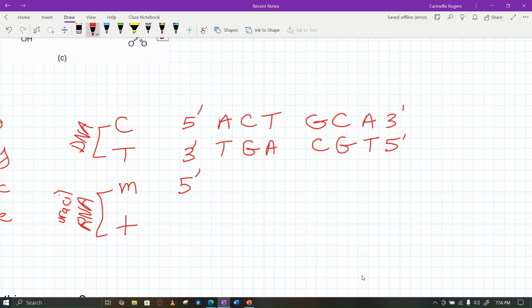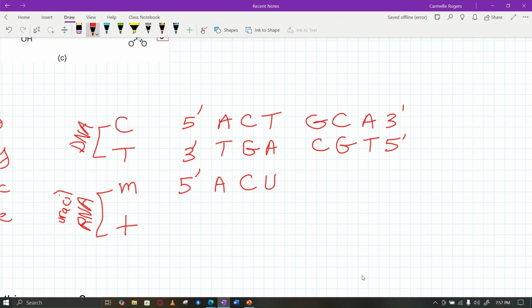We still have the base pair for T, which is A. Then for G is C. And then for the A, instead of T, we're going to put U for uracil. Okay.